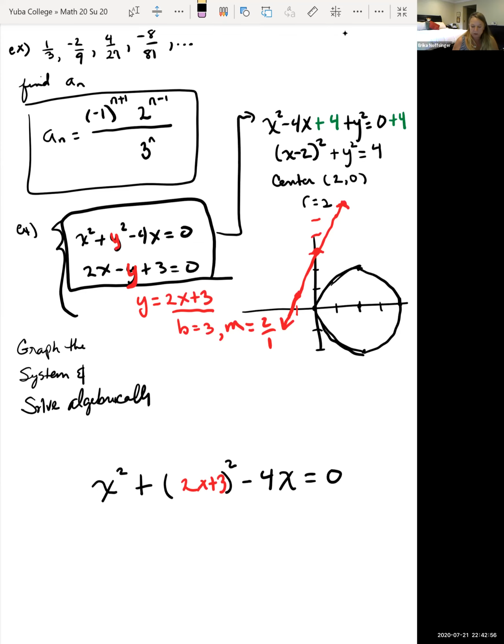If we distribute out 2x plus 3 times 2x plus 3, we get 4x squared plus 6x plus 6x, which would give me a plus 12x, combining like terms at the same time, plus 9. We bring down my x squared and my minus 4x.